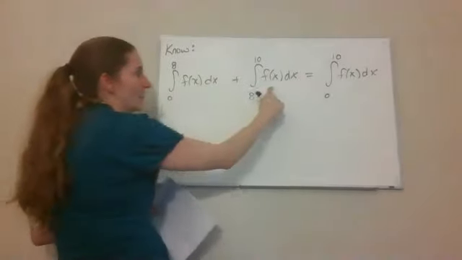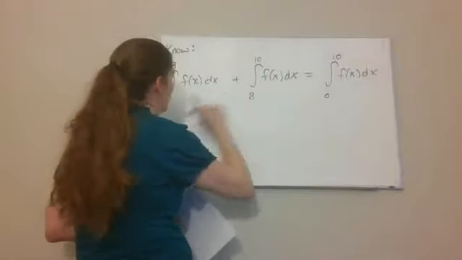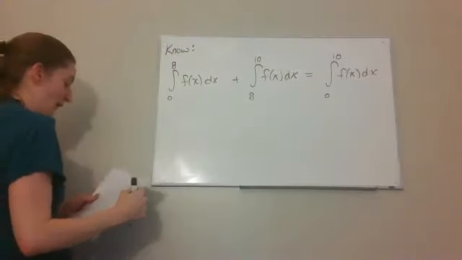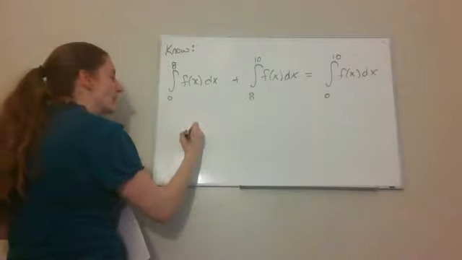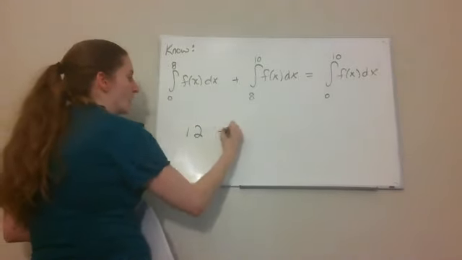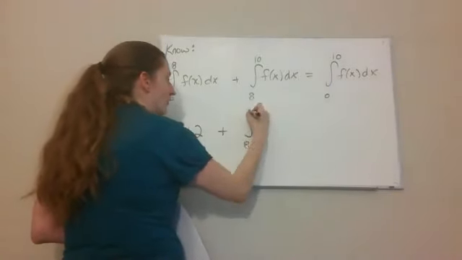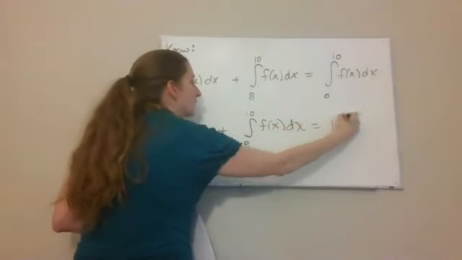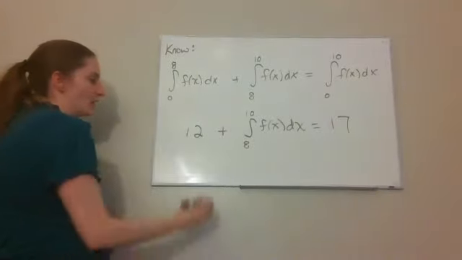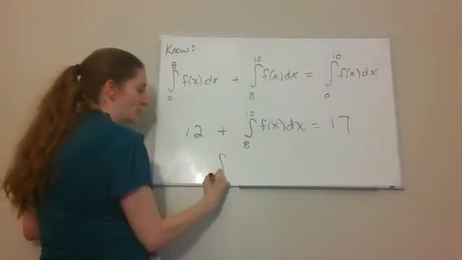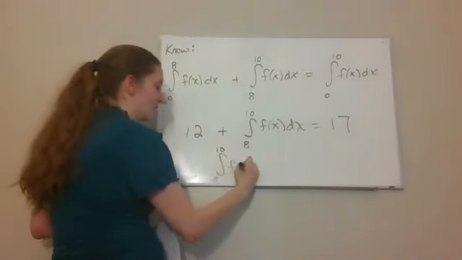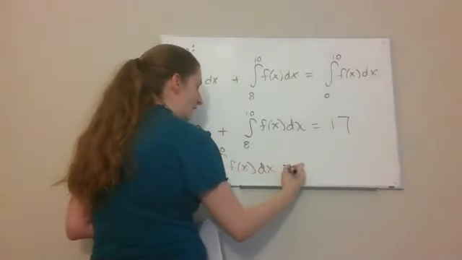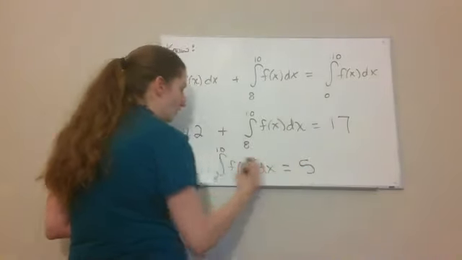So notice this one right here is the one I'm trying to find, and the other two are the ones they gave me information about. So plug in everything I know: 12 plus the integral that I'm trying to find equals 17. And so I can find that my integral from 8 to 10 is equal to 17 minus 12, which is 5.